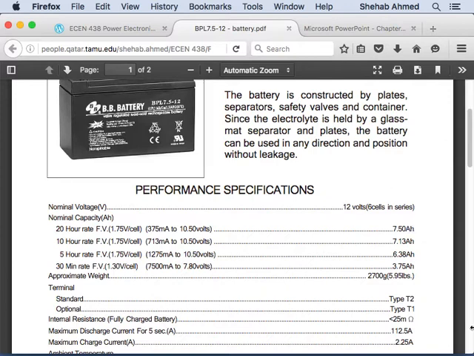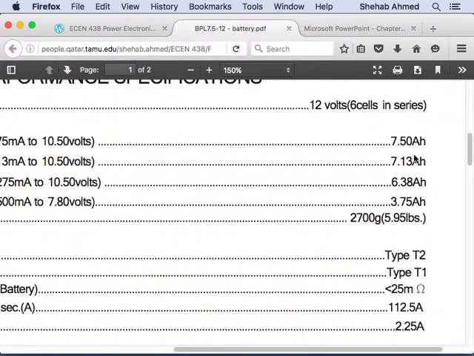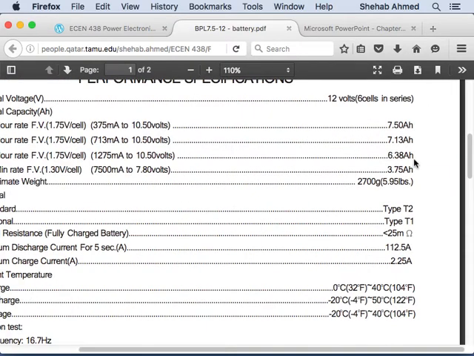AH, if you see here, it's ampere hours. So you're consuming a certain amount of current for a certain number of hours at a certain voltage. Current times voltage would be your power. So it can consume a certain amount of power for a certain number of hours, which is energy, right? That's how you specify batteries, in ampere hours.